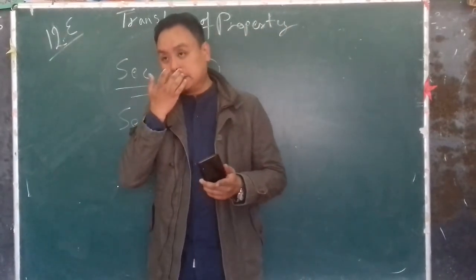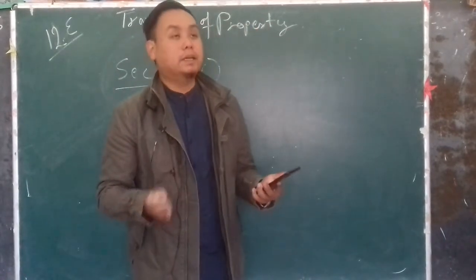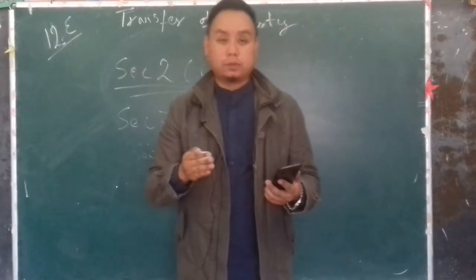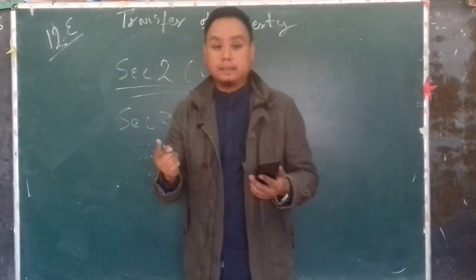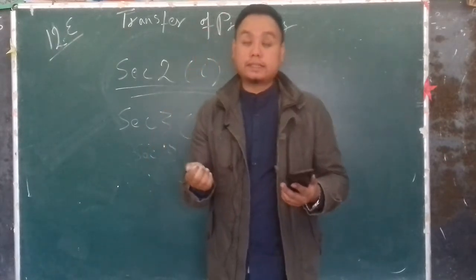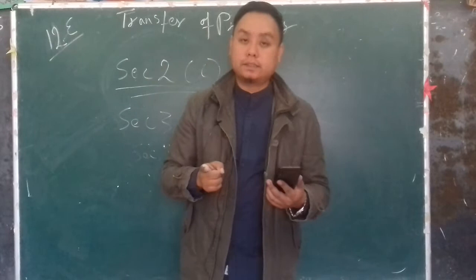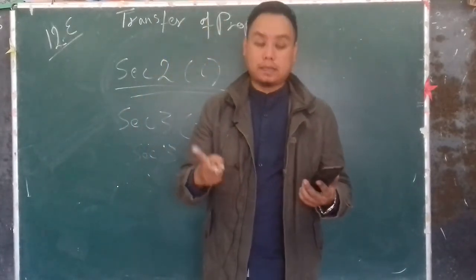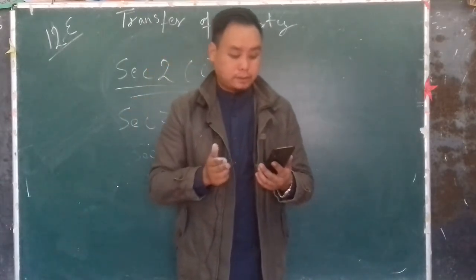If that person is not mentally stable and he owns a very big property, that person can't transfer his property. Alright, so the number 1 point is, according to section 7 and section 11 of the Indian Contract Act, a person has to be above 18 years old. Number 2 point is, that person has to be mentally sound. Alright, so this is what this point is trying to tell us.